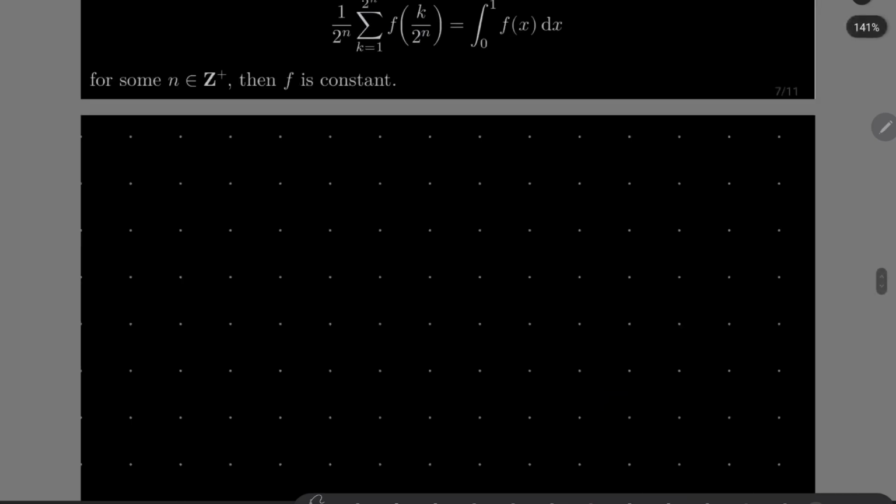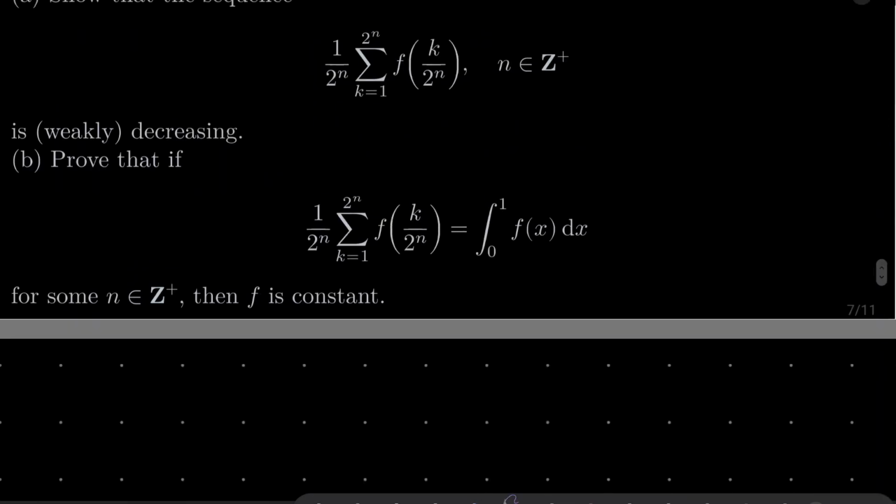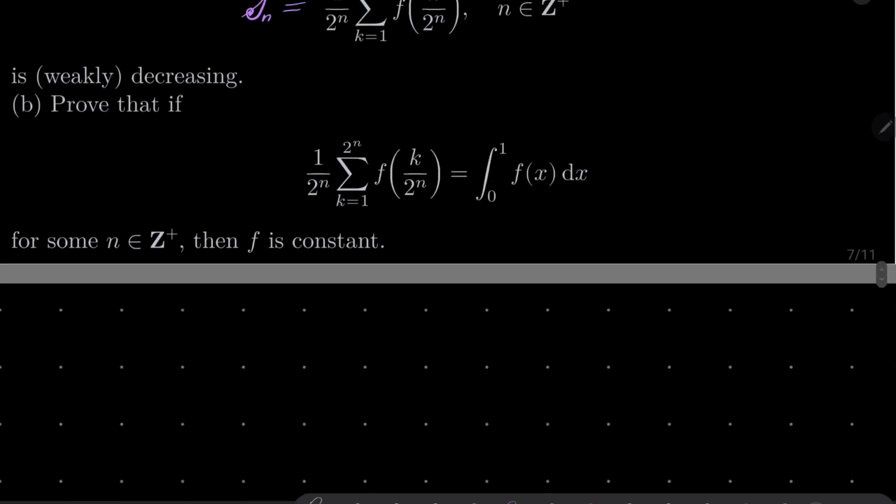Right, so as I suggested, for the sake of brevity, let's call our sequence Sn. And now I will do the following. For part A, I will compute Sn plus 1. And to be clear, I will avoid using sigma notation.